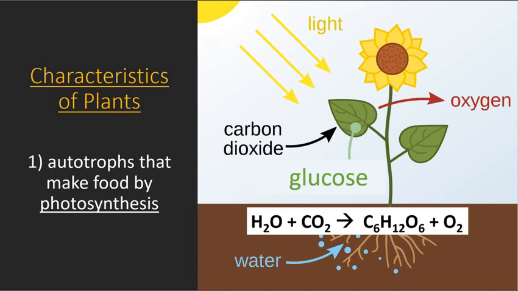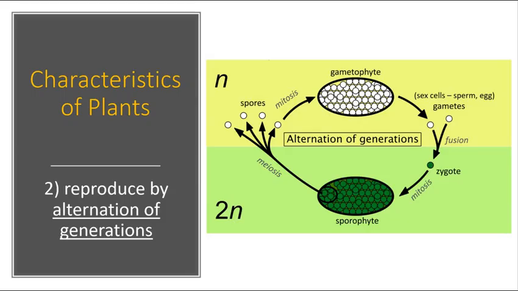Okay, second characteristic is that plants reproduce by alternation of generations. It is similar to what we talked about with the protists, but it is a little bit different. It is still an alternation between sexual reproduction and asexual reproduction. Okay, so the asexual form of a plant is known as the sporophyte.